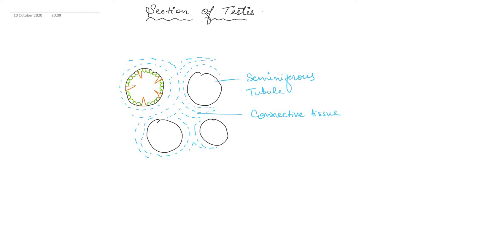This one is cuboidal cells, and this one is conical cells, or you can also say Sertoli cells.